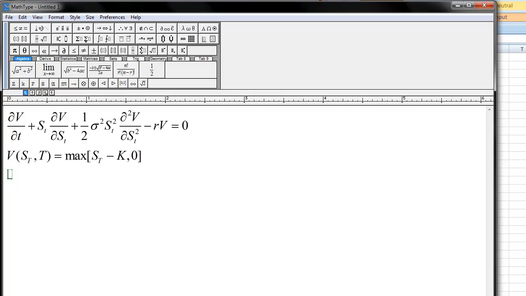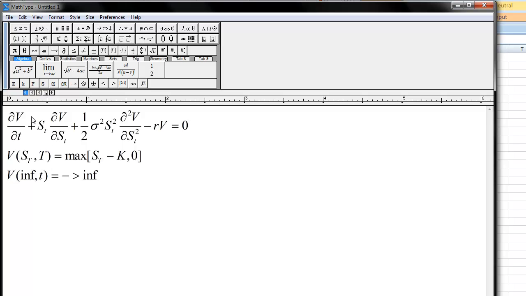We know that when the spot price of the underlying goes to infinity, at whatever time, the option value will also go to infinity.